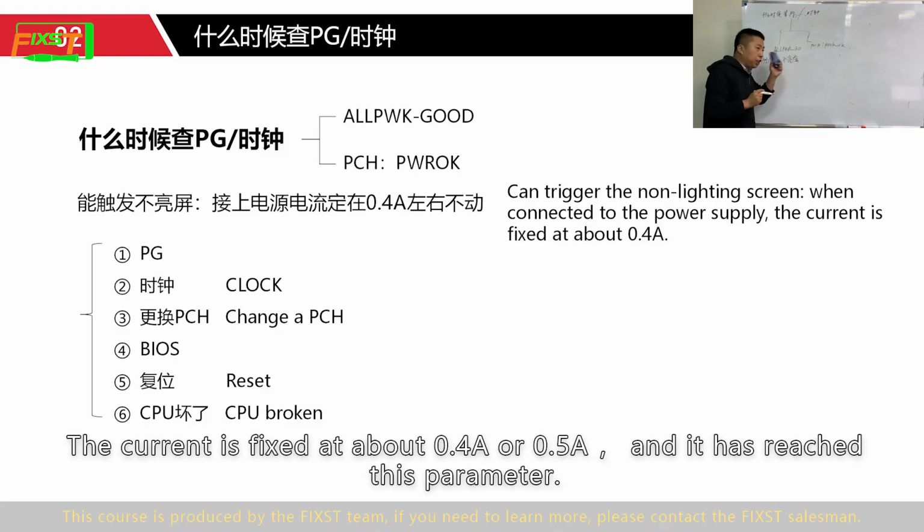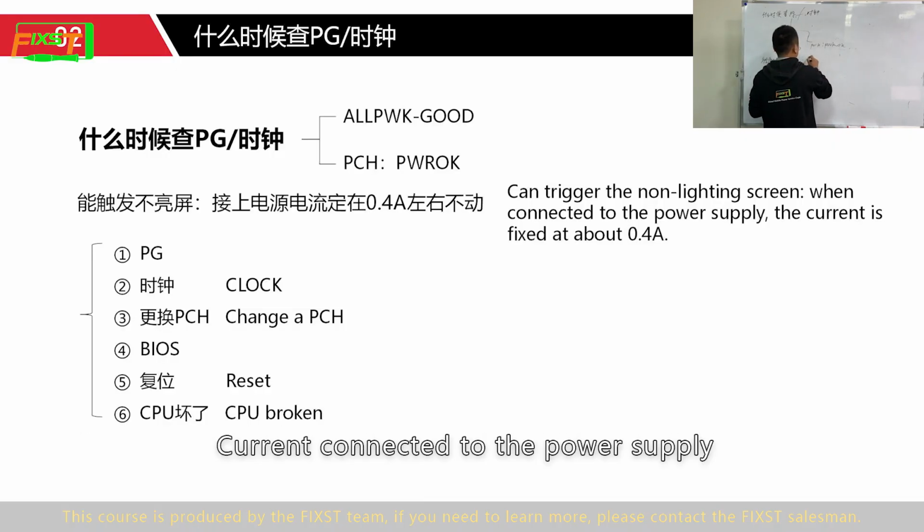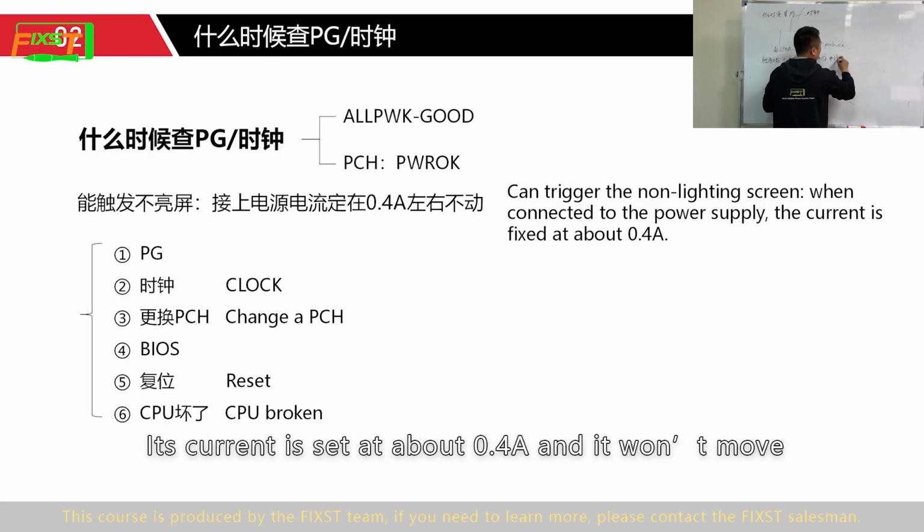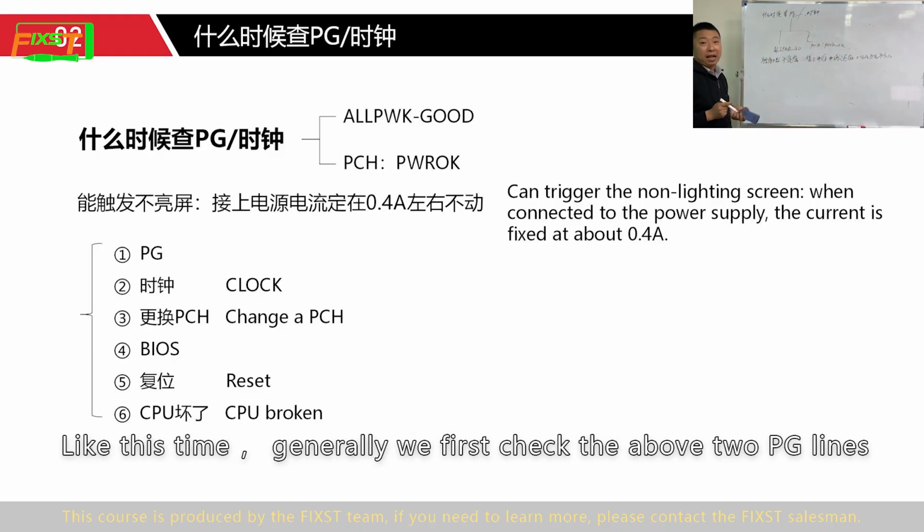The current is fixed at about 0.4 ampere to 0.5 ampere, which has reached the parameter, with the current connected to the power supply. Its current is set at about 0.4 ampere and it won't move. In a case like this, generally we first check the above 2 PG lines.